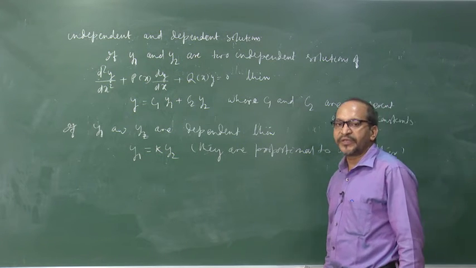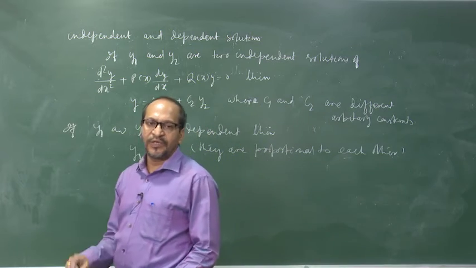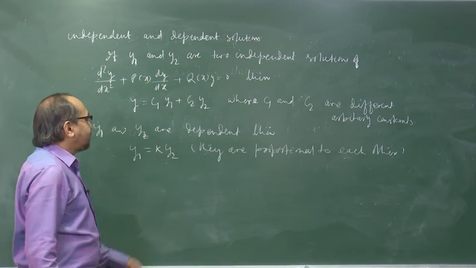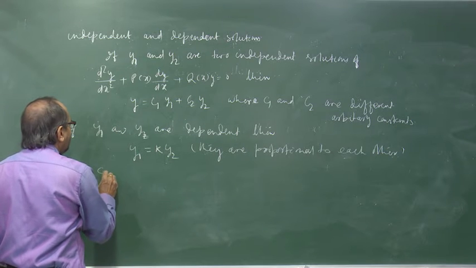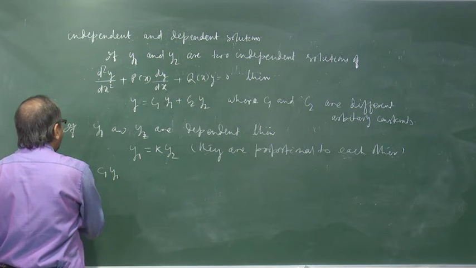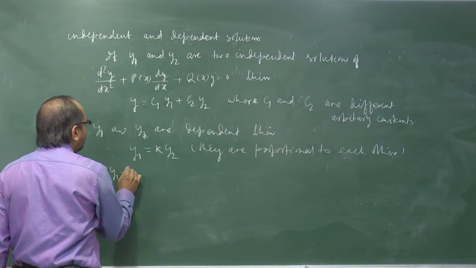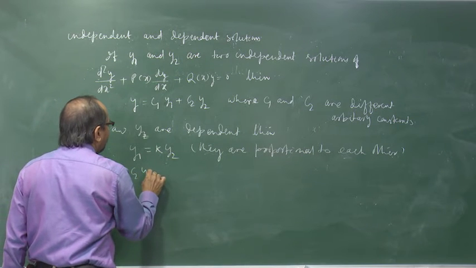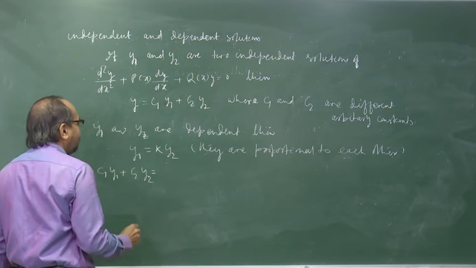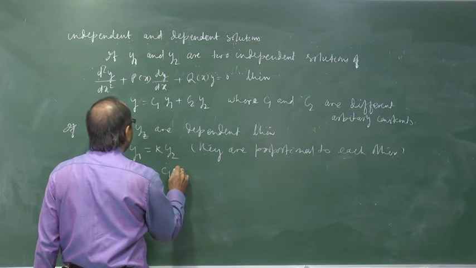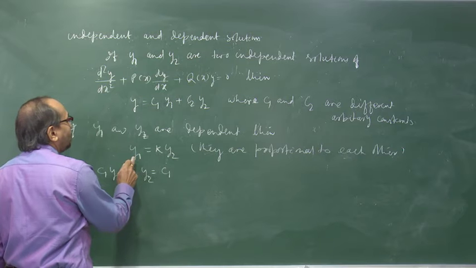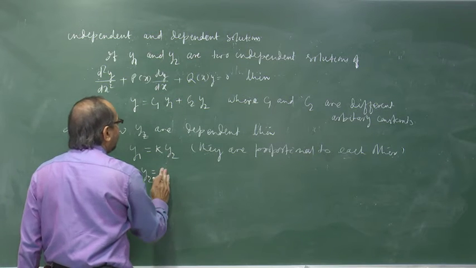Either y1 is equal to k y2 or y2 is equal to L y1. So, in that case, when we express y is equal to C1 y1 plus C2 y2, then we can write it as C1 into, in place of y1 we can write k y2.